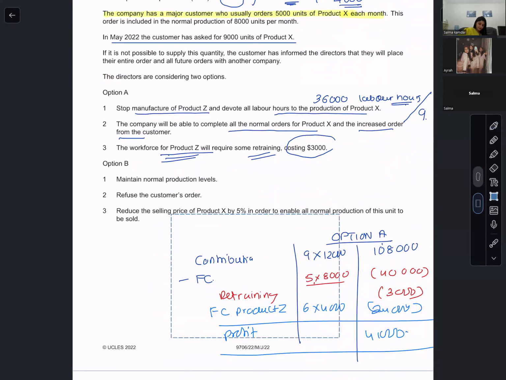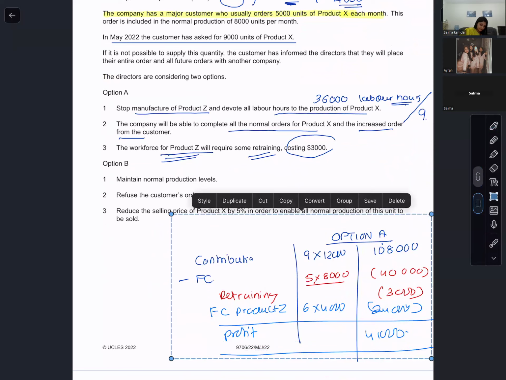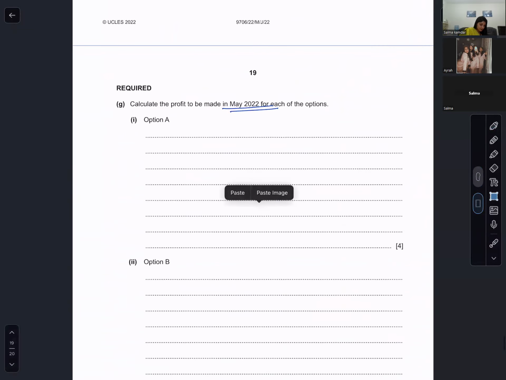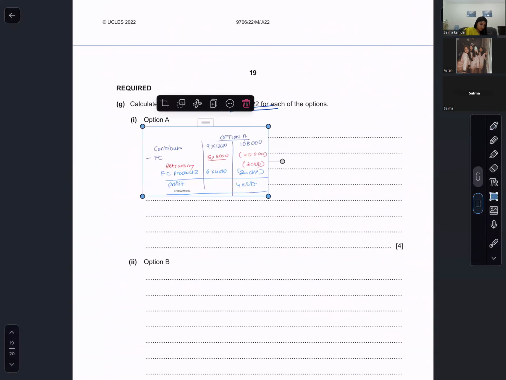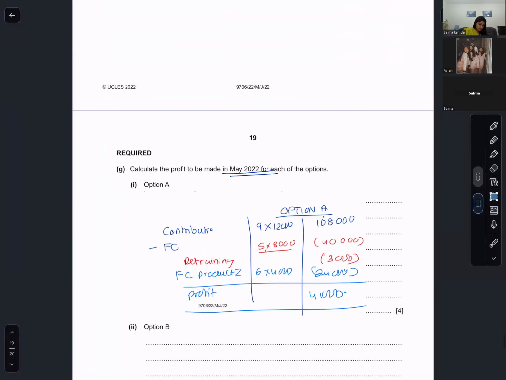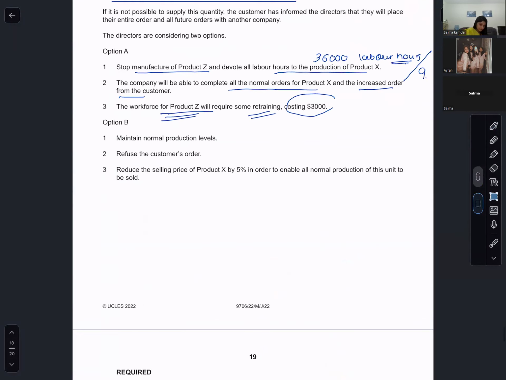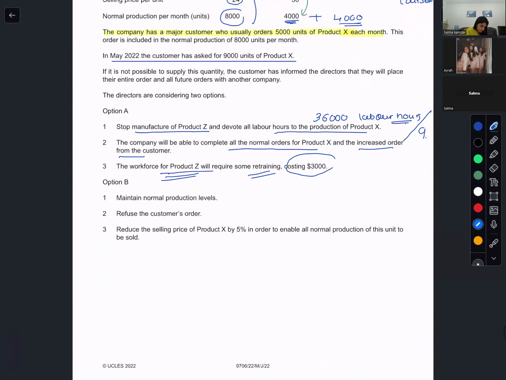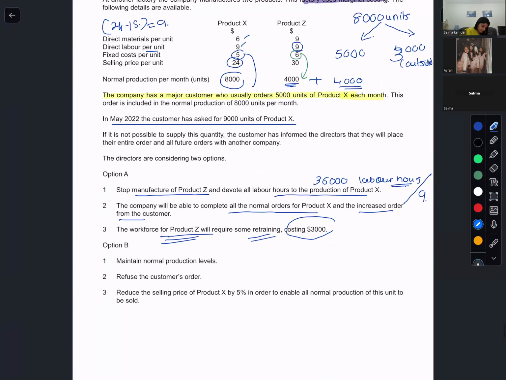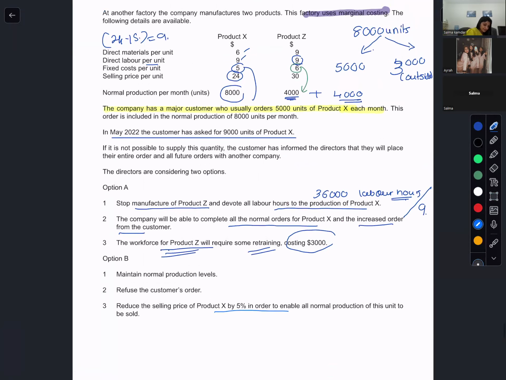Now they have option 2. What is option 2? It says maintain normal production levels, refuse the customer's order, reduce the selling price of product X by 5% in order to enable all normal production of this unit to be sold. Maintain normal production level, what does this mean?